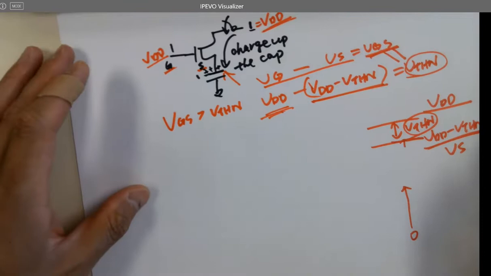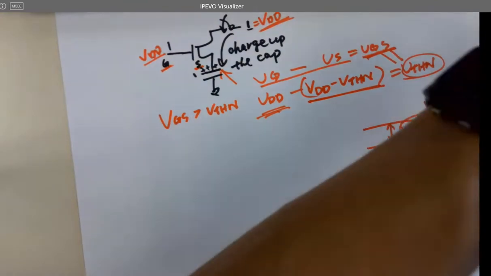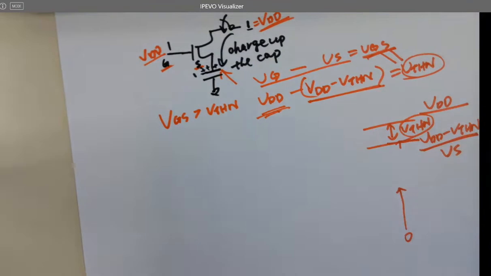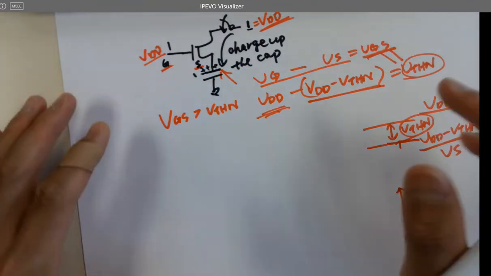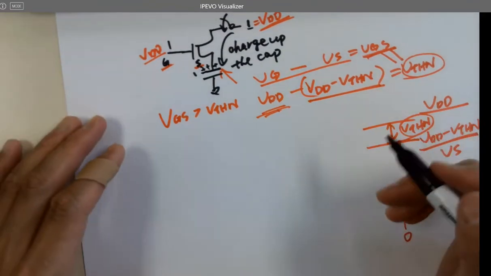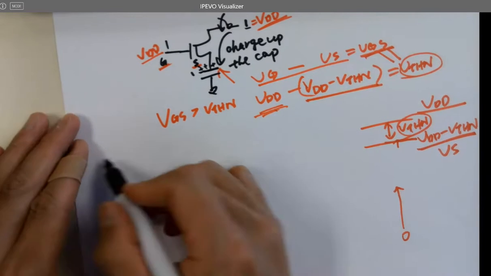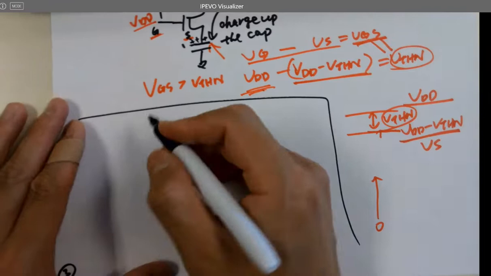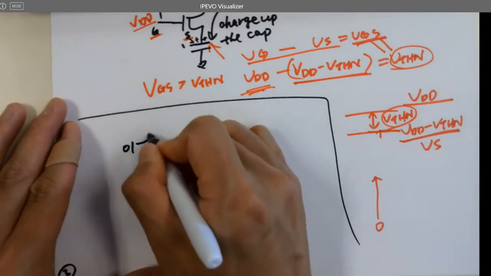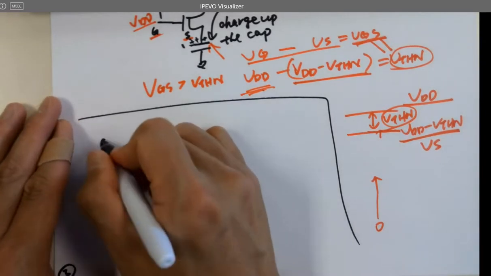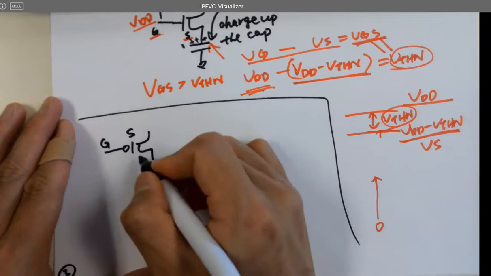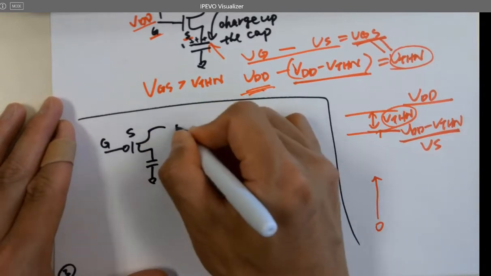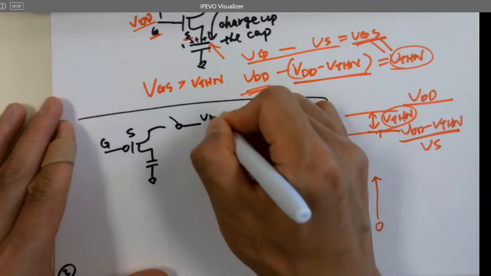What about PMOS? PMOS is good at doing what? Passing VDD. Yeah. Let's see. This guy is doing his job. We are trying to have a switch here and VDD here, right?